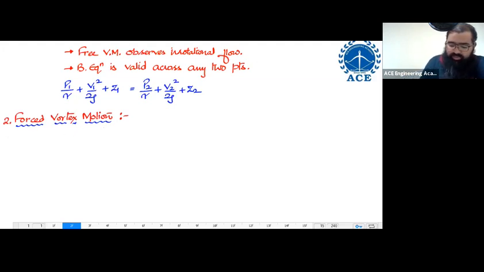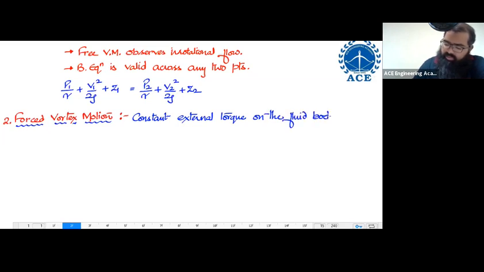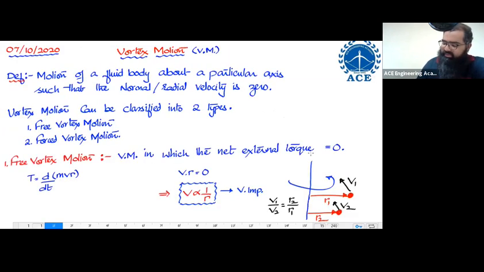Now in forced vortex motion, first thing, you're going to have a constant external torque on the fluid body. Previously, you were having a zero external torque.